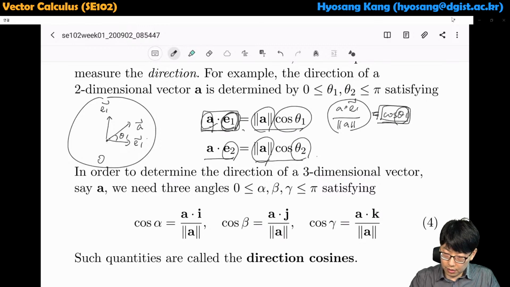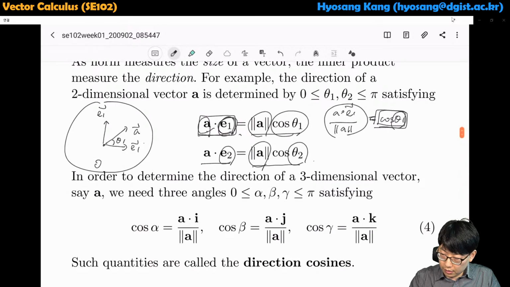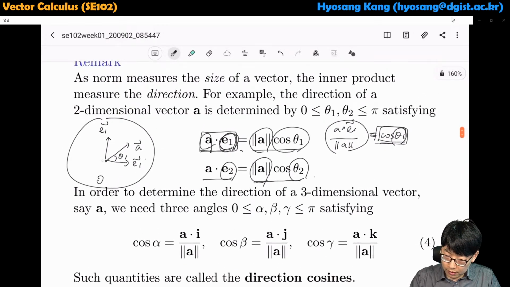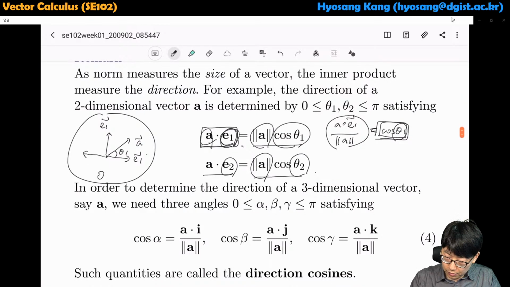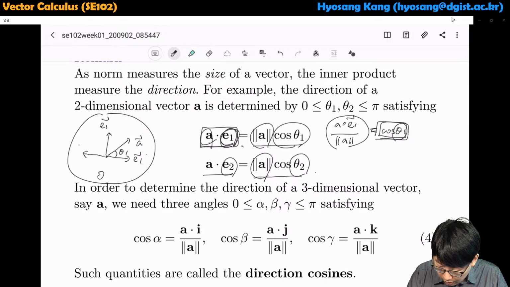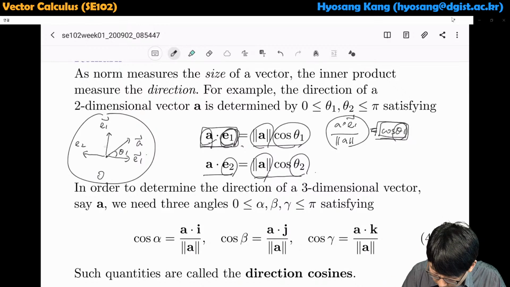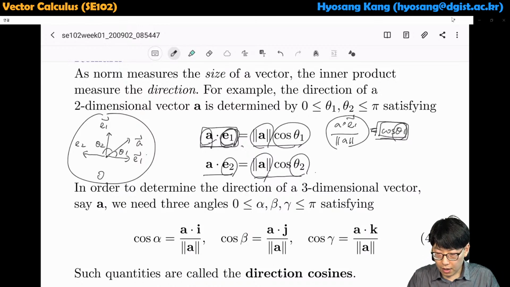So here we have E2. Let me say this is our theta 2. So we have the origin here.